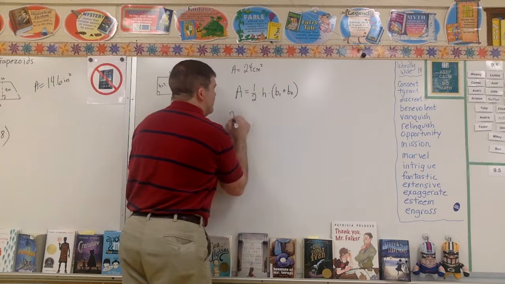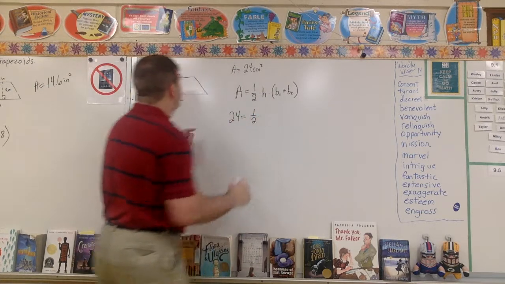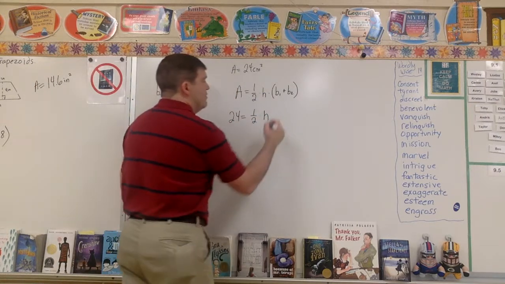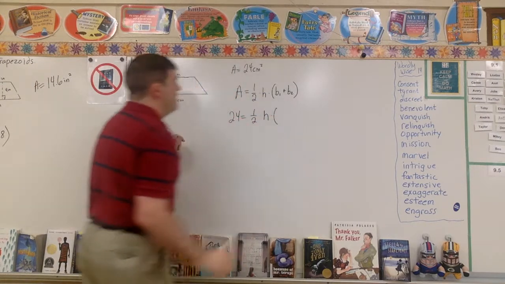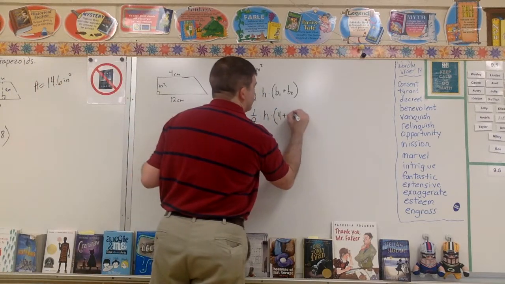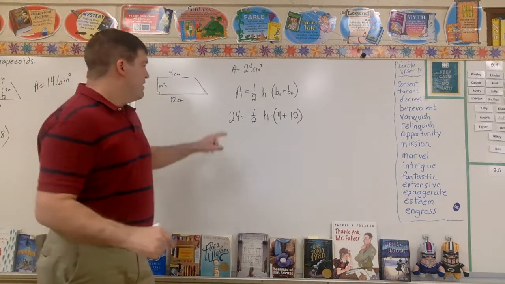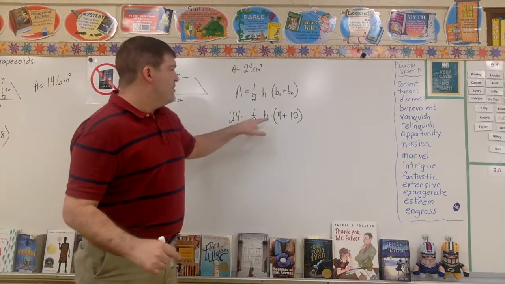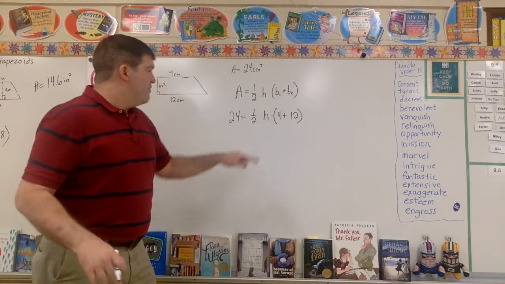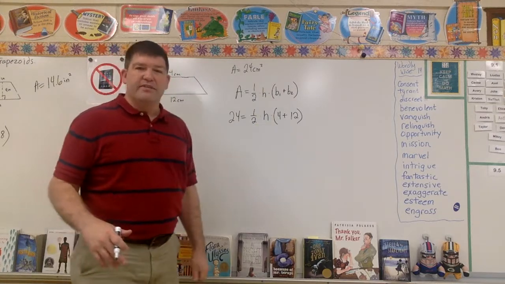Yep. 24 equals 1/2 times, do I know my height? I do not. I'm going to keep that as a variable, times my bases. These are my two bases. 4 plus 12. So in this problem, I have a number equals a number, variable, number, number. So if I have one variable, I can solve this thing to figure out what h is.